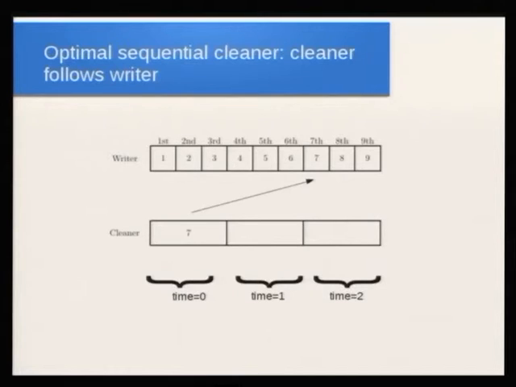And why is that? It's because for the sequential writer, the optimal pattern to clean pages is to be just behind it. So if you write a page on the next time unit, you have to clean that page. And the sequential cleaner will take some time to get in sync with that.